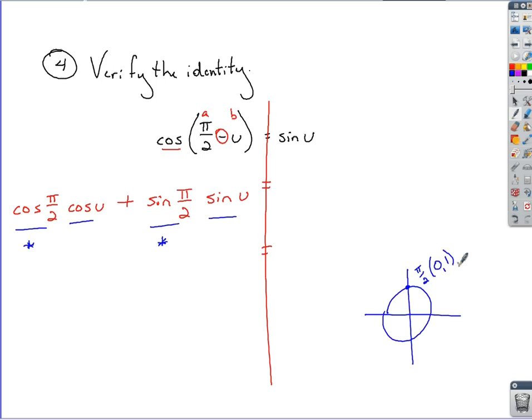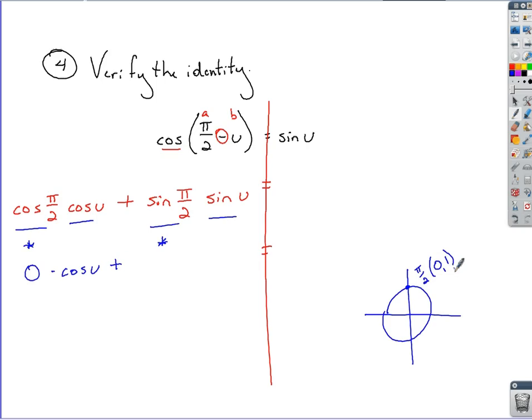So if I'm finding the cosine of pi over 2, how would I find that knowing that point? Cosine is x. There we go. So cosine of pi over 2 is going to be 0. That means 0 goes in this place. It's 0 times the cosine of u, plus the sine of pi over 2, which would be the y value, right?